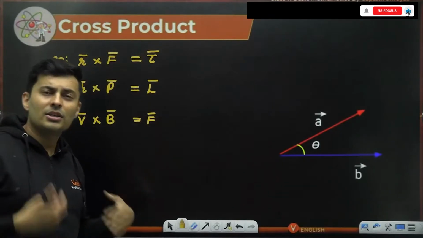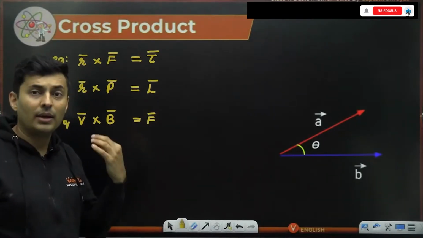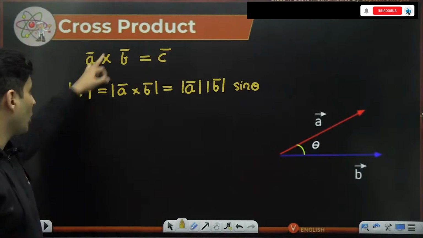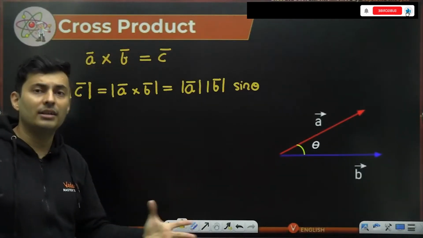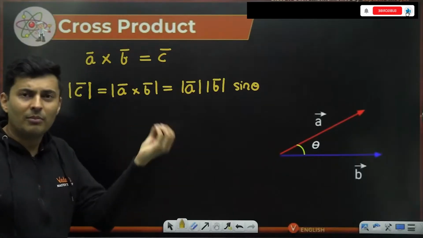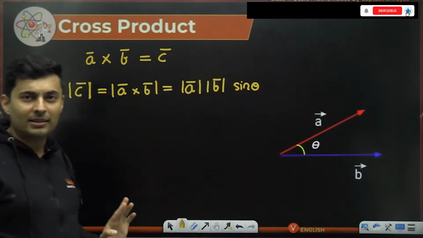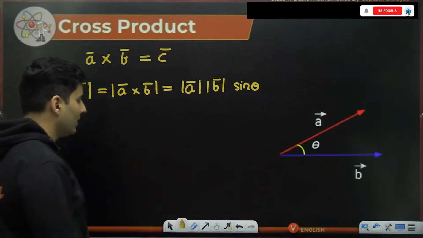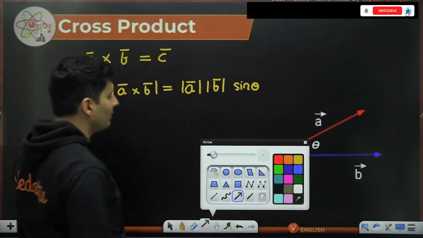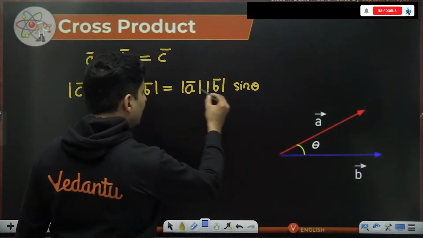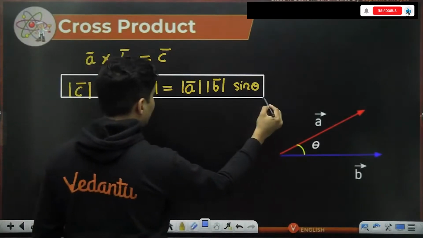So they thought, instead of mentioning it again and again, let's define a symbol, an operator, which is called a cross operator between the two vectors. So every time I put a cross, it is understood that the magnitude will be first vector, second vector magnitude into sine theta. That is the first thing. So when I say A cross B is C, that means the magnitude is each individual's magnitude into sine theta. That is the first thing which you get.